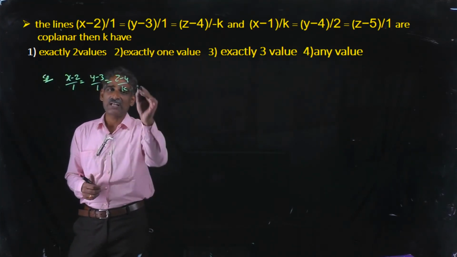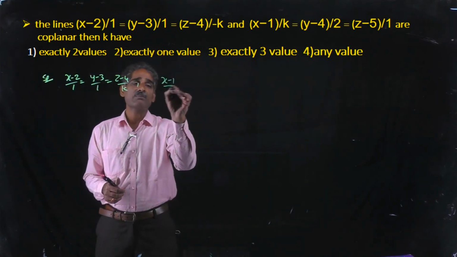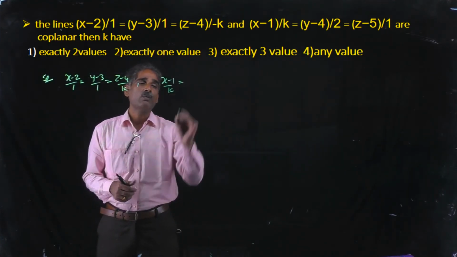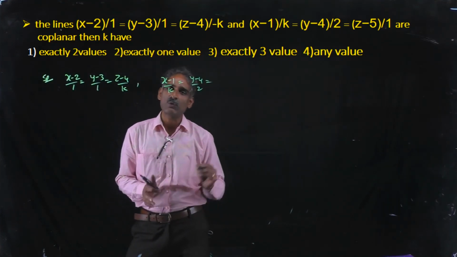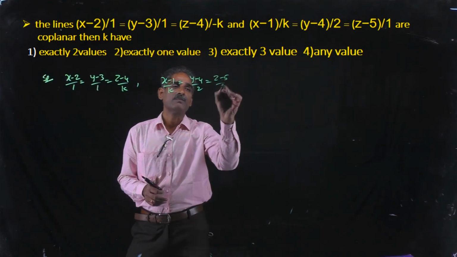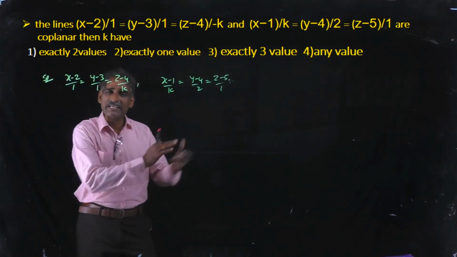This is the first line. What is the second line? x minus 1 by k is equal to y minus 4 by 2 is equal to z minus 5 by 1. These two lines lie on a plane.